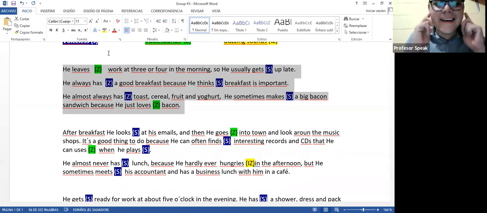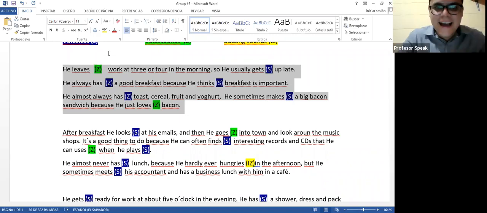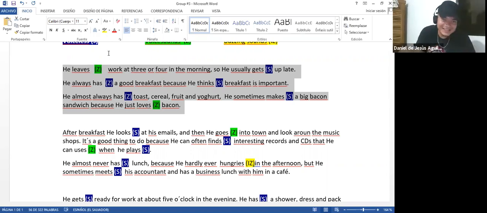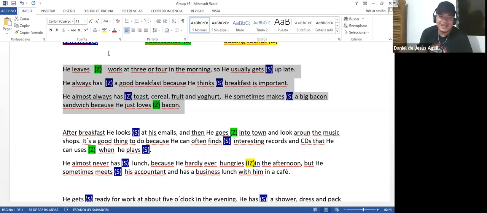I don't hear the difference between a voiced and a voiceless sound for the letter S. I hear the same. Okay, Daniel, try to exaggerate the sound. He leaves work at 3 or 4 in the morning, so he usually gets up late.